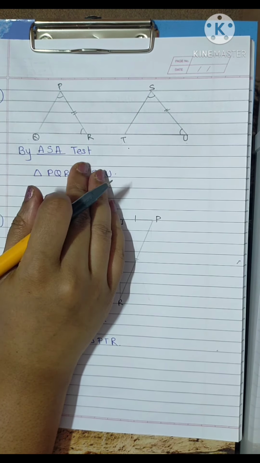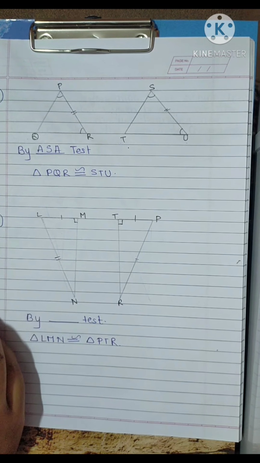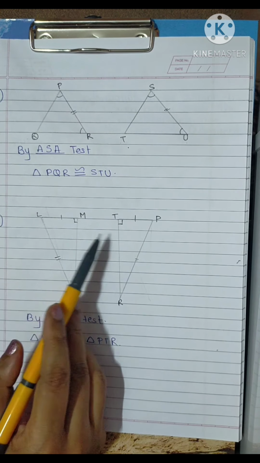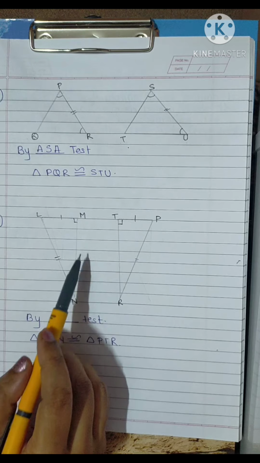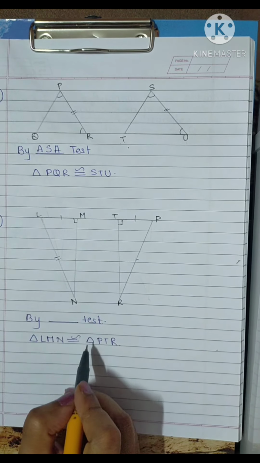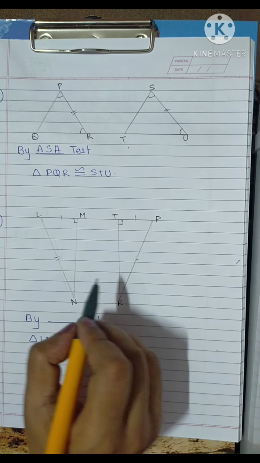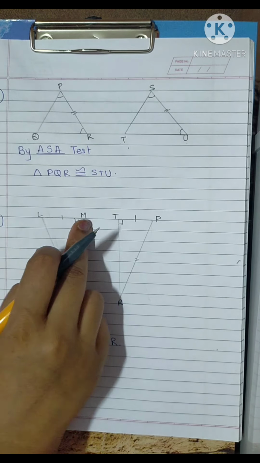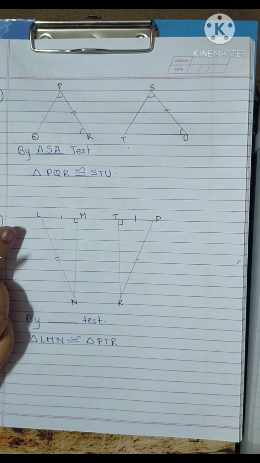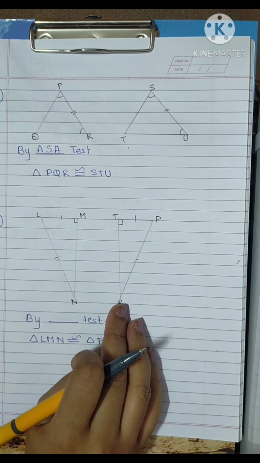Now the next diagram is given. You can see two right angle triangles are given, triangle LMN and triangle PTR. Here LM is congruent to TP and LN is congruent to PR.